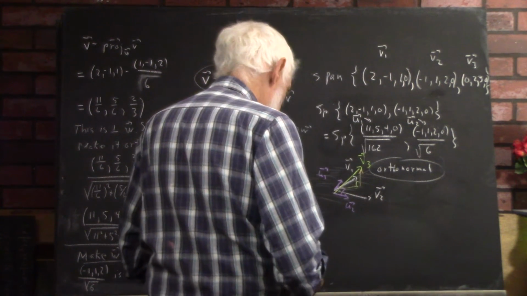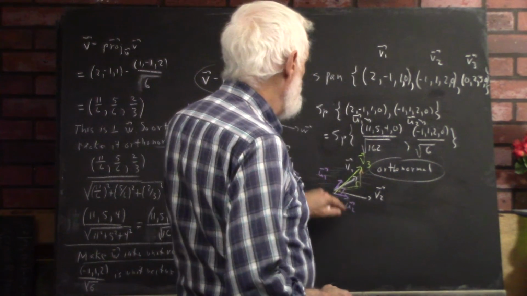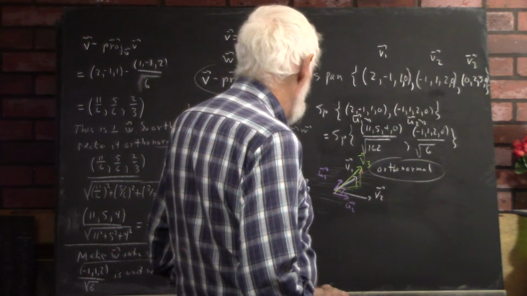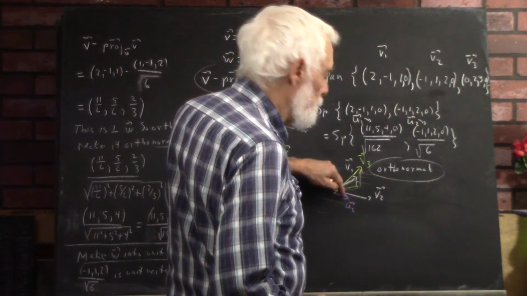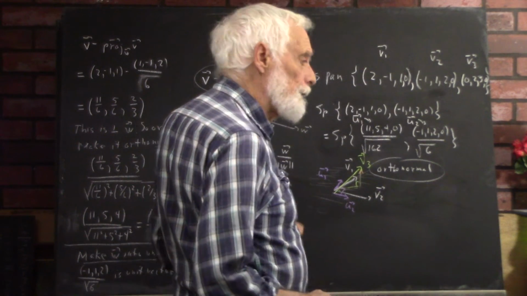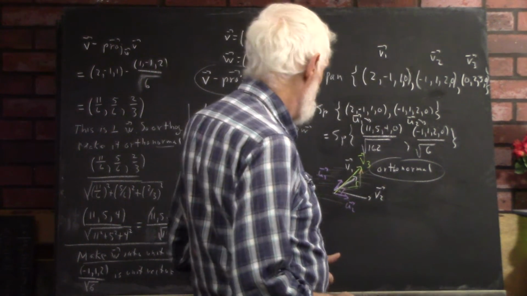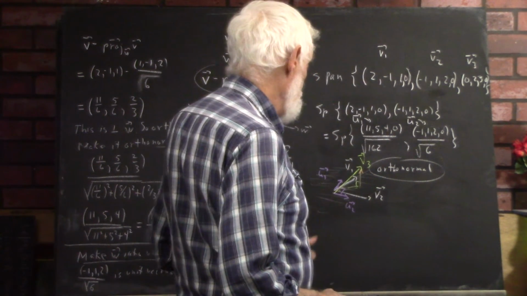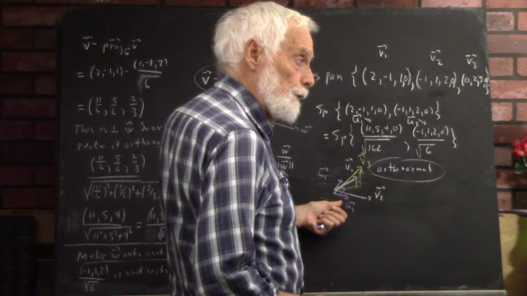Well, to do that, we're going to deal with v, u1, and u2. What we're going to do is project v1 onto u2, and then subtract that projection from v1. That'll give us a new vector that is still not orthogonal to u1, but it'll be orthogonal to u2.